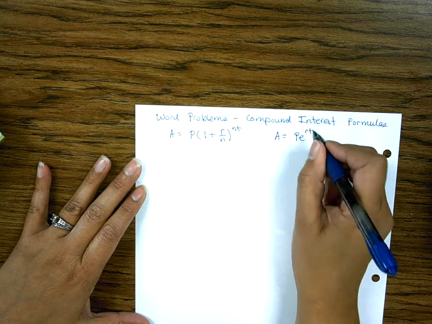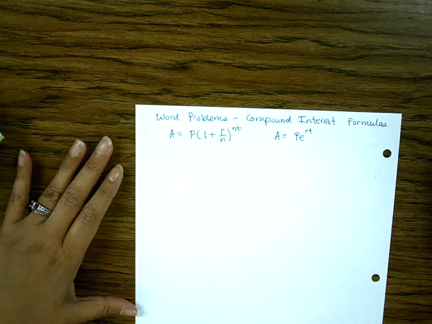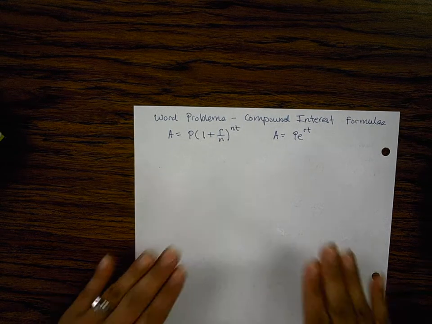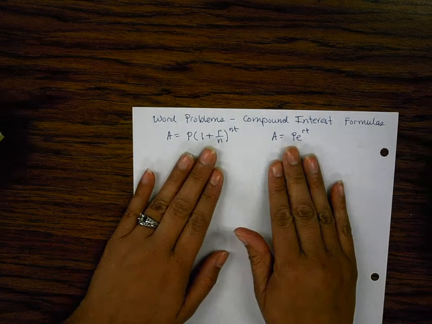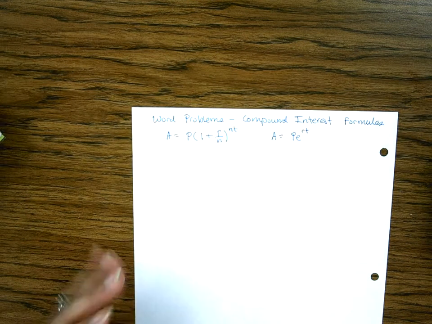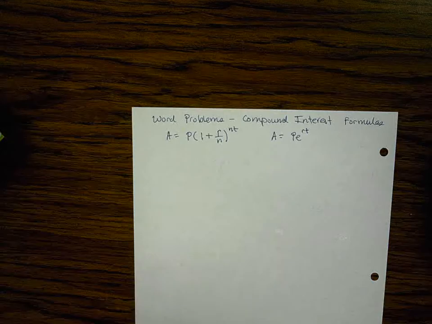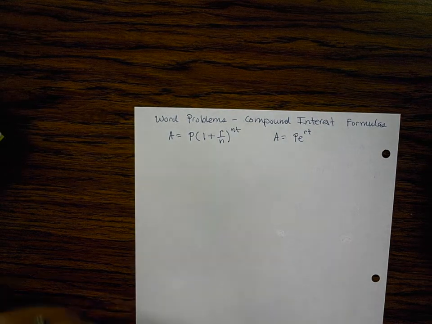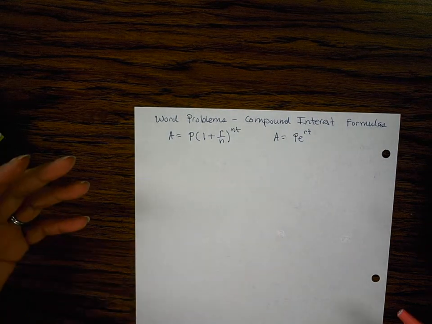And the second one is A equals P times E raised to the RT. Okay. You do not have to have these memorized. These will be given to you on the test. But you will need to know what all the little letters stand for. What is A, what is P, what is R, what is N, what is T, what's the difference between the two.